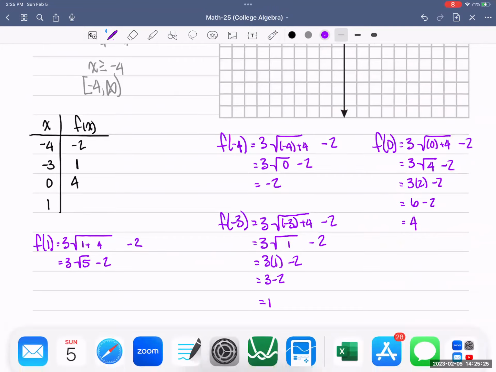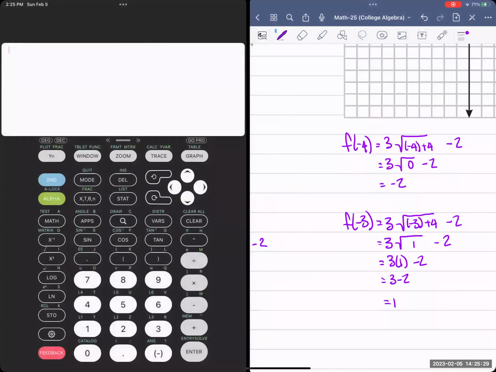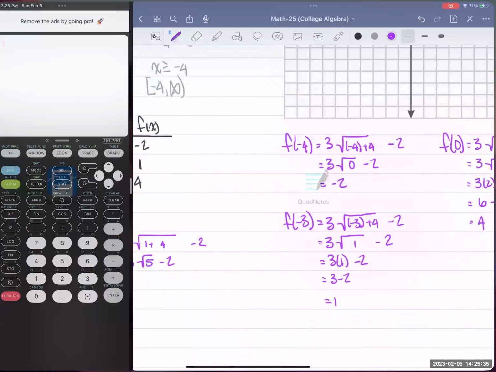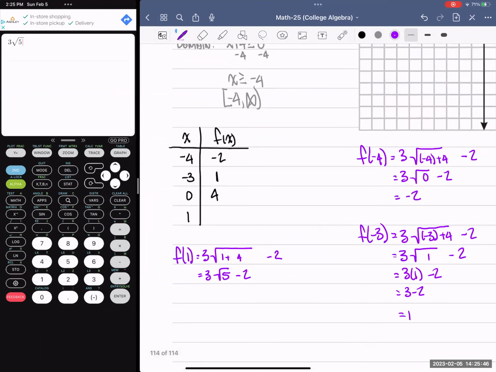Let's get our calculator and see what that value is so that we can plug it in. So we have 3 times the square root of 5. The square root is going to be second x squared for our square root part. 5, and exit out of the square root, minus 2.